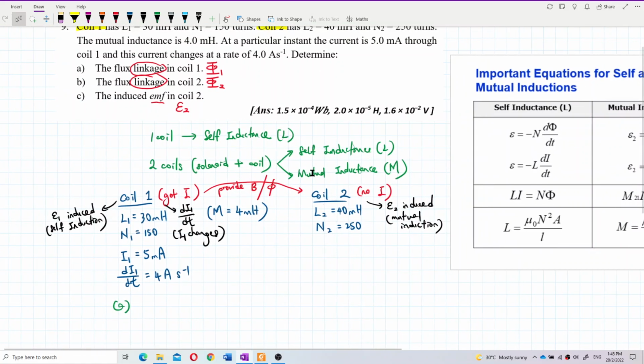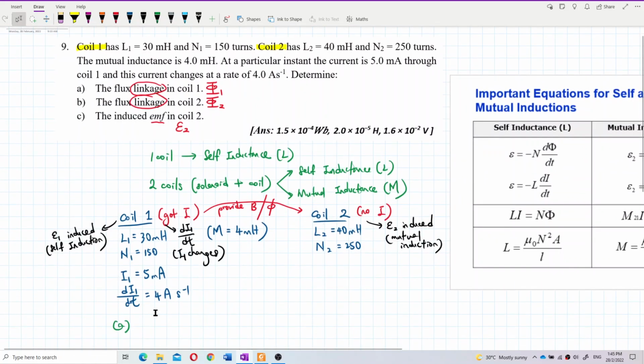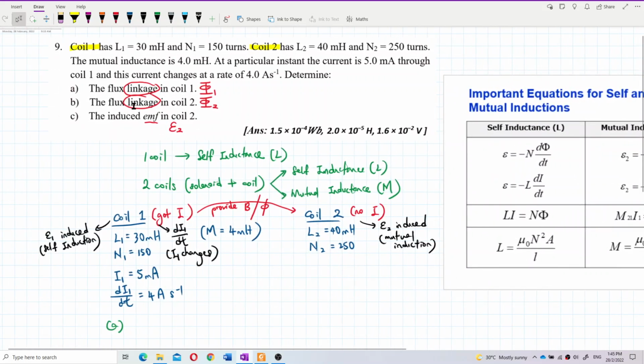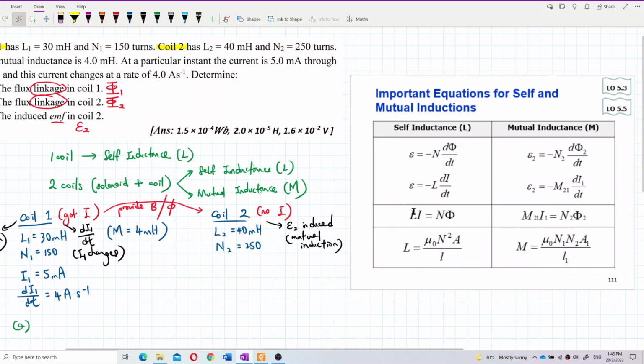Flux linkage in coil 1. So how are you going to do that? Can we find flux linkage in coil 1? I can. For flux linkage in coil 1, I just use the self-induction formula, n phi equal to Li.